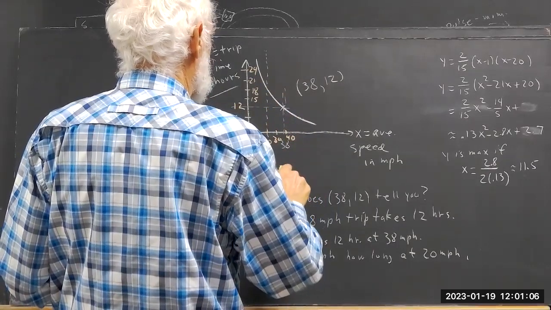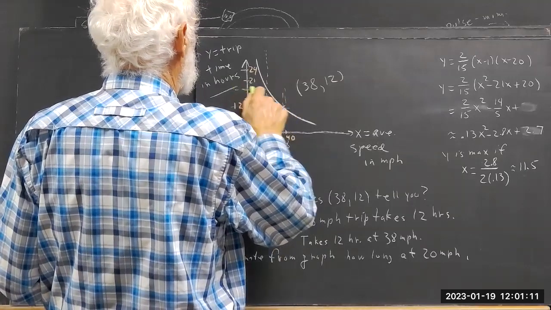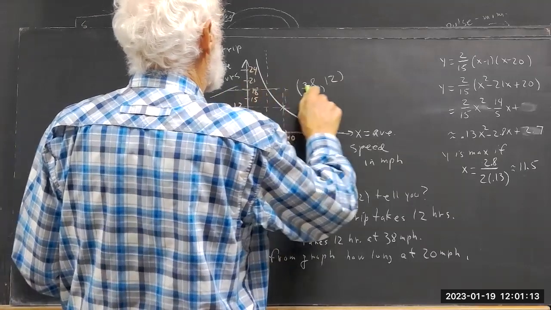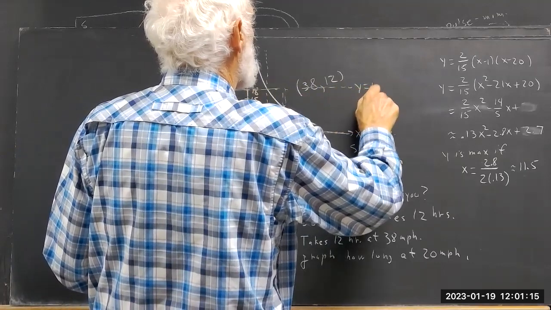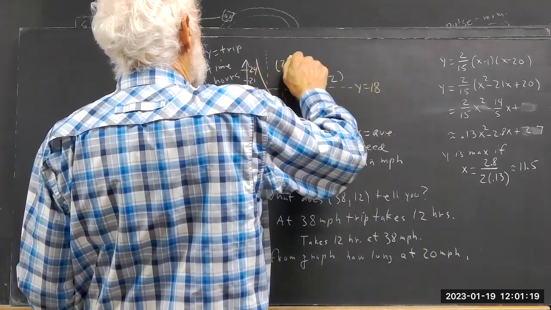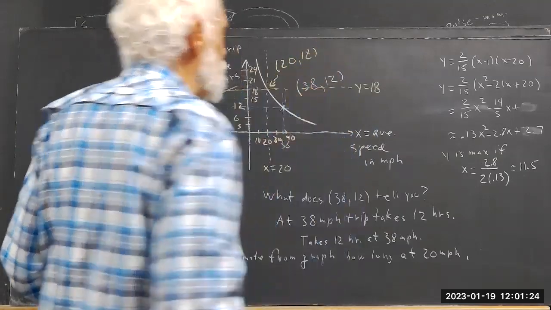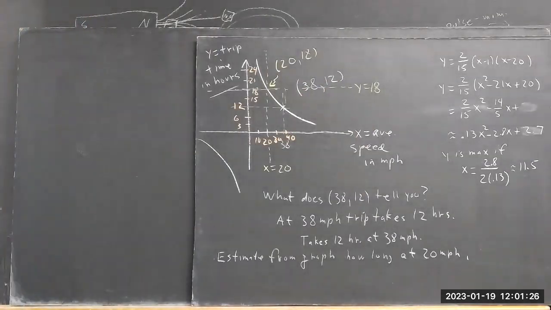And here's my line where x equals 20. And then I project over here. This is my line where y equals 18. So this point would be 20, 18. Okay.